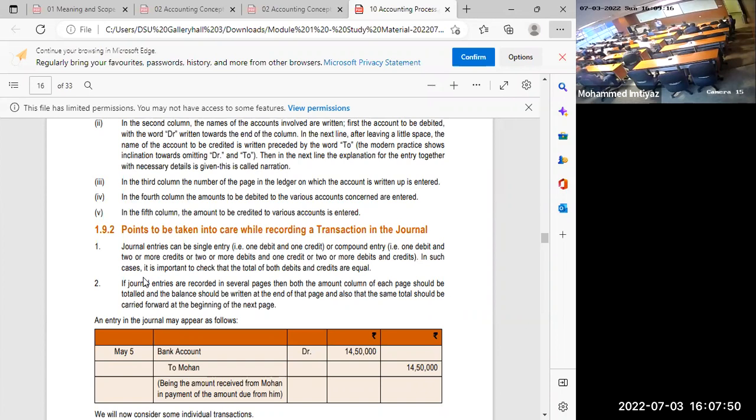Please understand two words. Everything comes under the term inventory. Inventory can be three types for a manufacturing company: raw material, work in progress, finished goods. These three are collectively called inventories in a manufacturing company. In a trading company, inventory is only one thing, stock in trade.